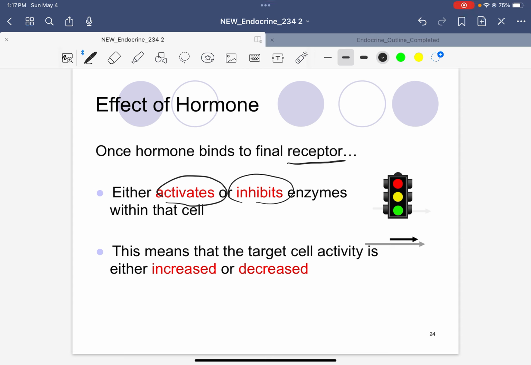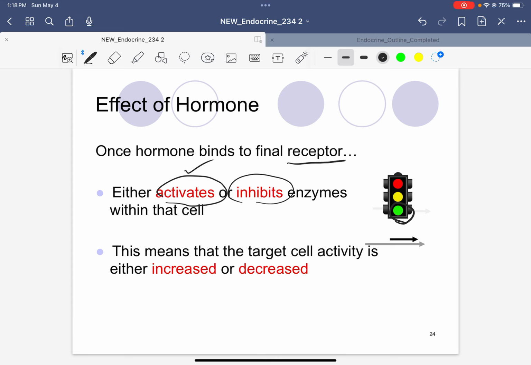But what a hormone does is it either says, go do more of your function, green light. If the message is to activate, it tells the muscle, do more muscle building, green light. You have the green light to go.